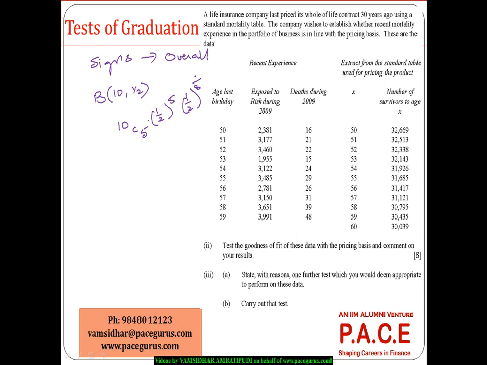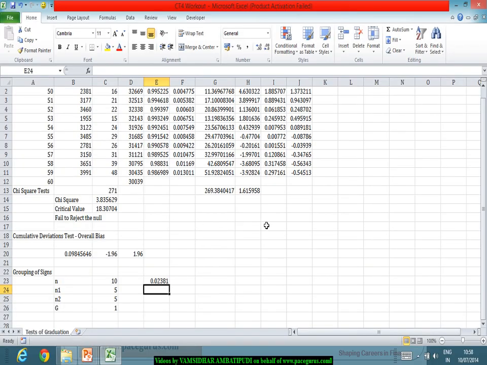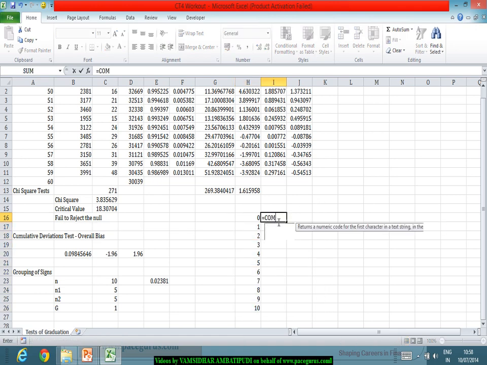I could look at 5, 6, 7, 8, 9. So I can very well find out what the probability is. So probably let's put 0, 1, 2 up to 10 if I'm looking at the probability. So I'm taking the combination of 10 comma 0, 10C0 into 0.5 to the power 10.